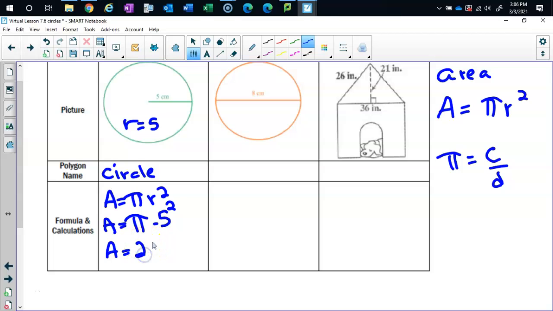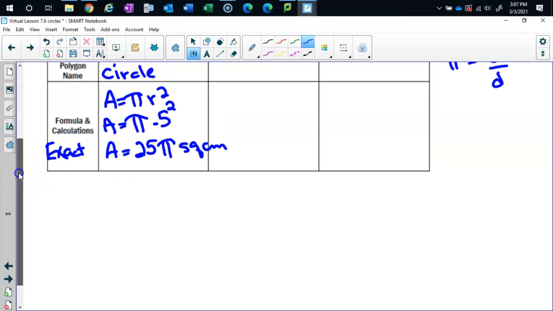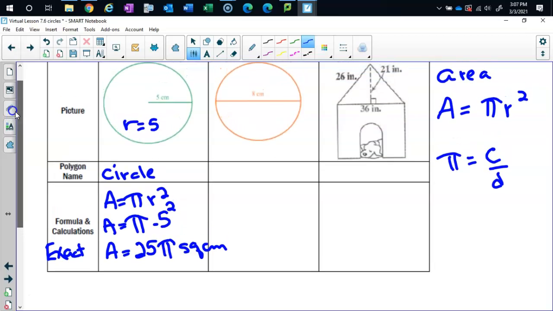So I can write my area as 25 pi square centimeters. This is what we call exact. If they ask you to write an area of a circle in an exact way, you leave pi as pi. So that's 25 pi square centimeters.